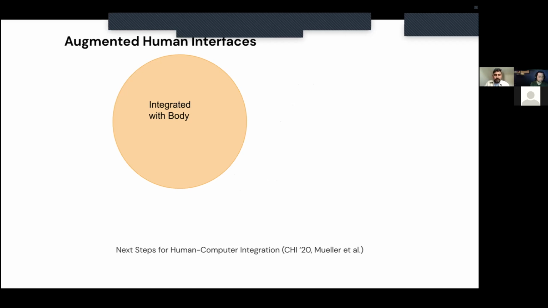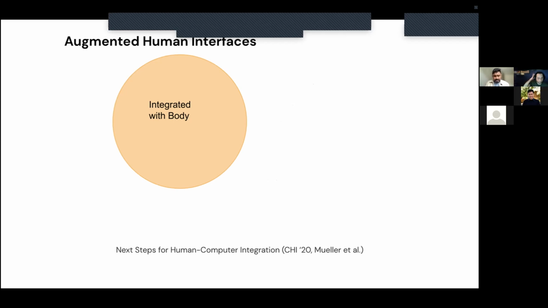They use our body as an input: they sense our physiological parameters, biomechanical parameters, and behavior parameters. They also use our body as an output. Sometimes they not only provide feedback to our body, but also use our body as an output device.